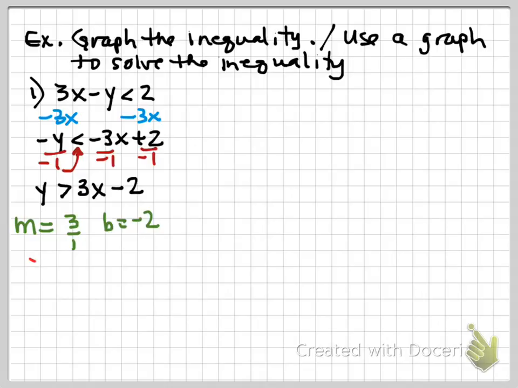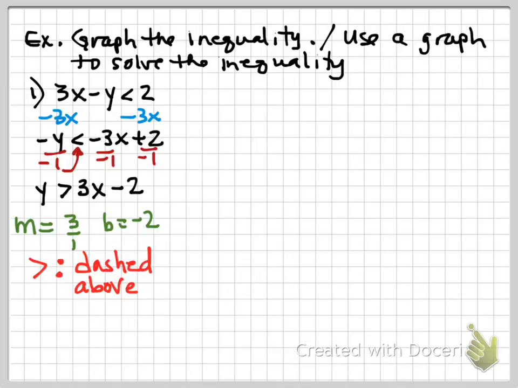So now I'm going to analyze what that tells me to do. So will my line be solid or dashed with greater than? Dashed. It says the answers on those points on the line are not part of it. Now, should I shade above or below? Above, because it's positive, okay? Because it's greater than.